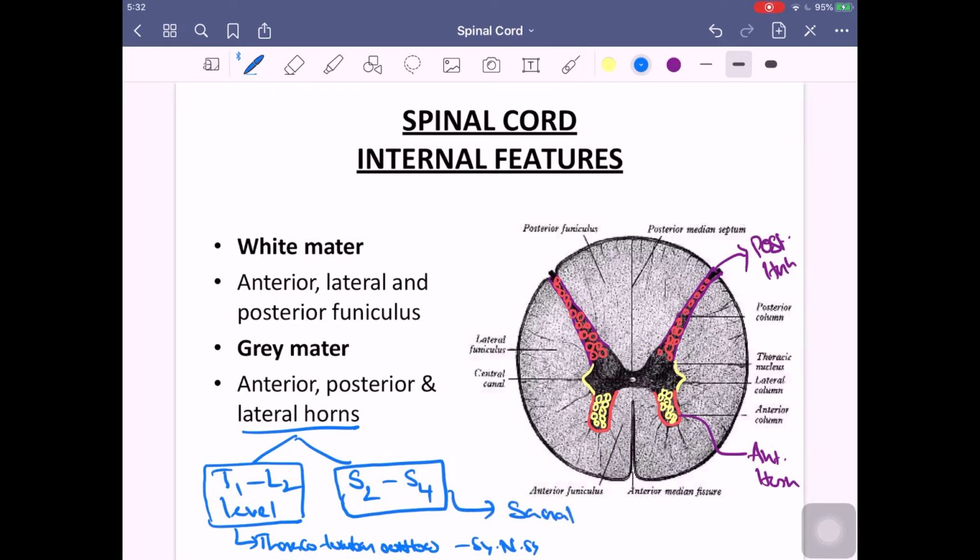And S2 to S4 we call the sacral part of the craniosacral outflow, which is the anatomical name of your parasympathetic nervous system. So you have motor neurons in the front, sensory neurons at the back, and what neurons do we have here in between? These are your mixed neurons. They are both motor and sensory, which we have here in the intermediate area.